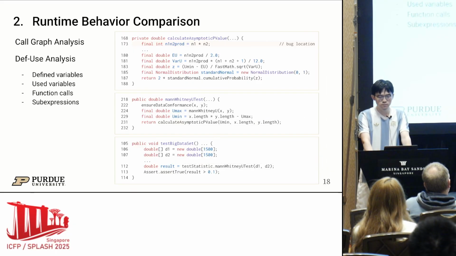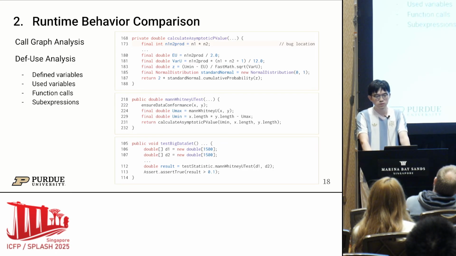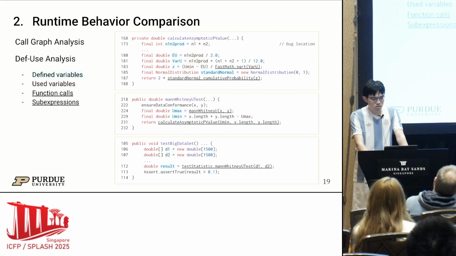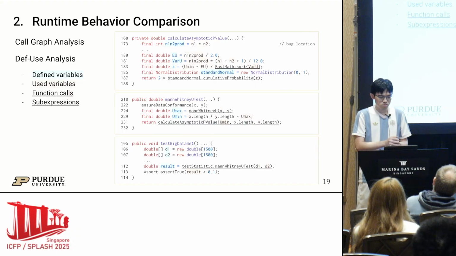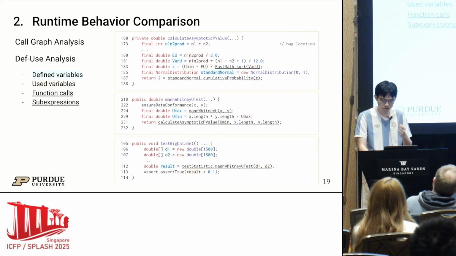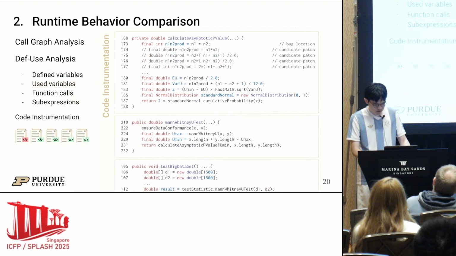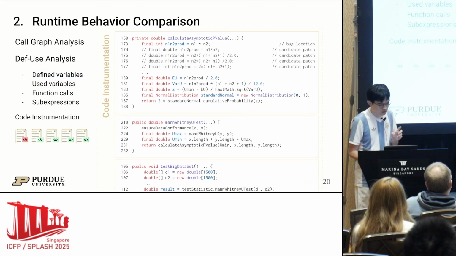Second, iFix performs a data flow analysis to extract the runtime values related to the bug. Starting from the bug location, it captures the defined variables, used variables, method calls, and sub-expressions, tracing them all the way down to the failing test function. After that, iFix instruments the source code to log the relevant runtime values.